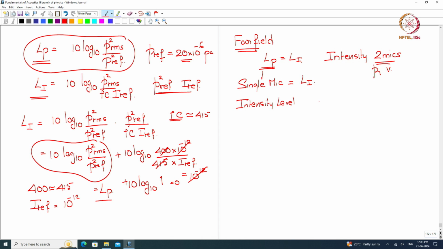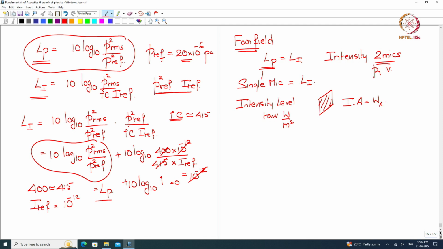As before, let's say in one grid you have intensity in raw value in watts per meter square, and let's say this area is A, so that the intensity that you measure in linear values into A is the power out of that area.